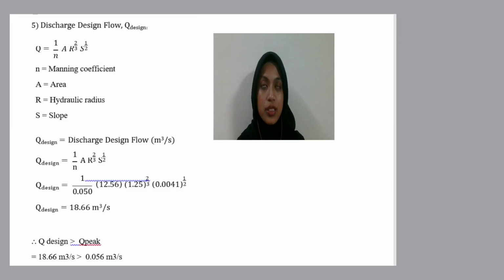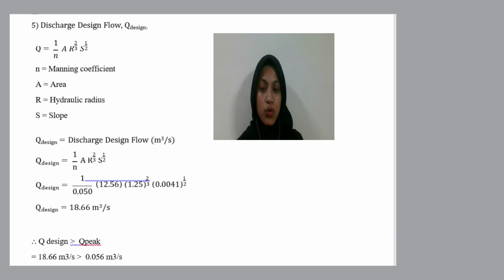So after we got all the values before, we can substitute and apply them to this formula, which is the discharge design flow, or Q design, for our project, to know whether our Q design is better than the Q peak that we got before.